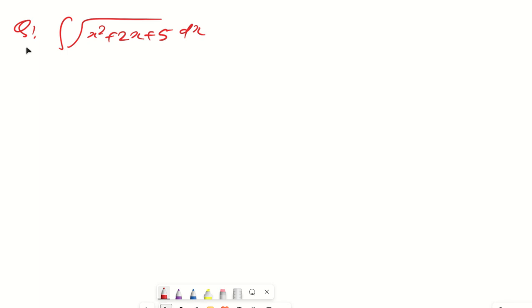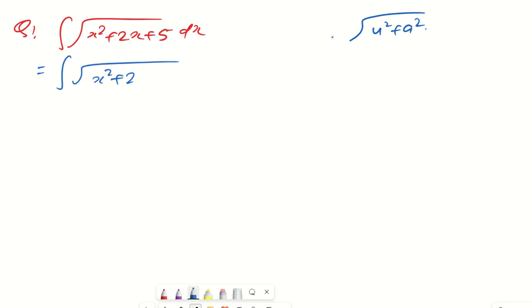If we want to solve this in terms of x square plus a square form, we can do it in such a manner that it can be converted in the form of some u square plus a square, where u is the variable. Okay, so can we do this? Let us say integration of square root of x square plus 2ab, that is 2x, plus b square, that is 4, plus 1.